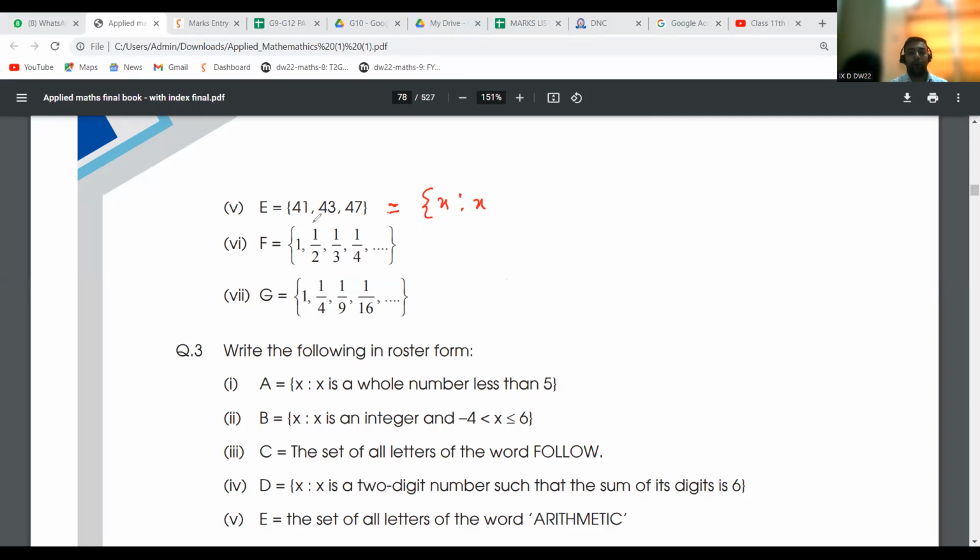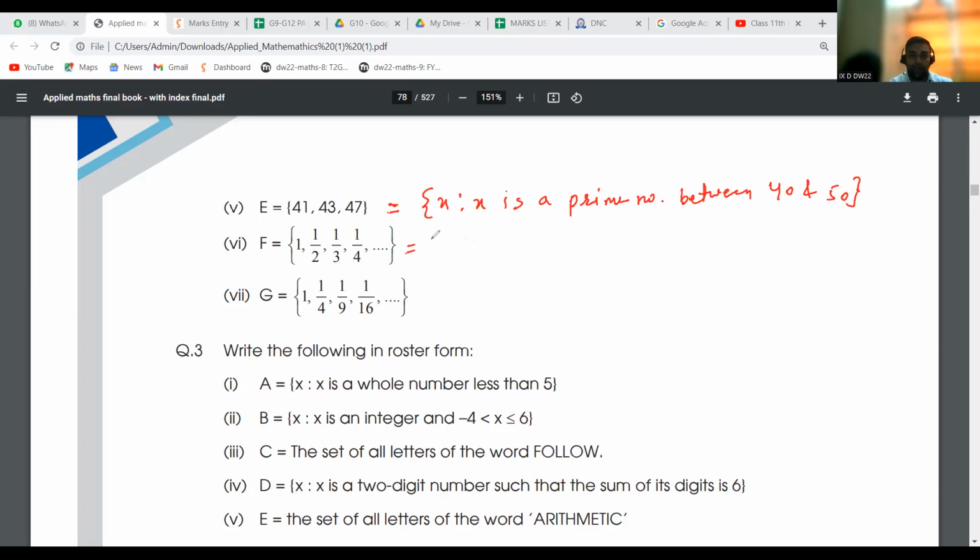Now these are 41, 43 and 47, and all these numbers are prime numbers between 40 and 50, right? So x such that x is a prime number between 40 and 50. So you have to just recognize these numbers, what is the relation and how can we write it.